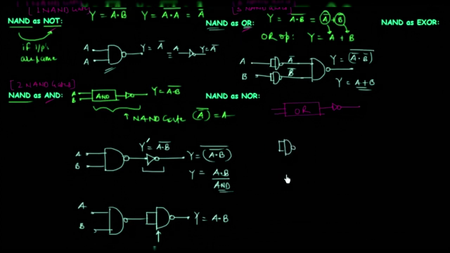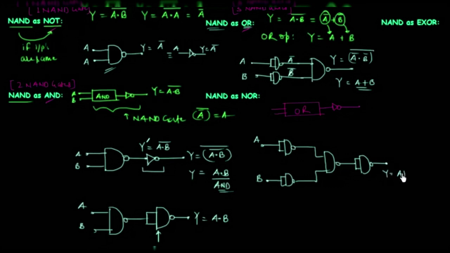First I will use two NAND gates acting as inverters. A, B are the two inputs. Then we will use another NAND gate whose output is equal to A or B, and then I will use another NAND gate working as an inverter, and the output Y is equal to (A or B) whole complement, and this is NOR operation, right?